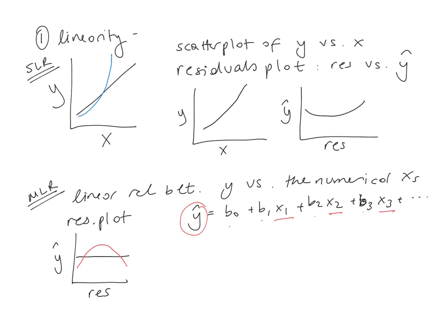Now, for that investigation, overall, in this red line, we're seeing something is wrong with the model. But that doesn't tell me which explanatory variable might be behind this.